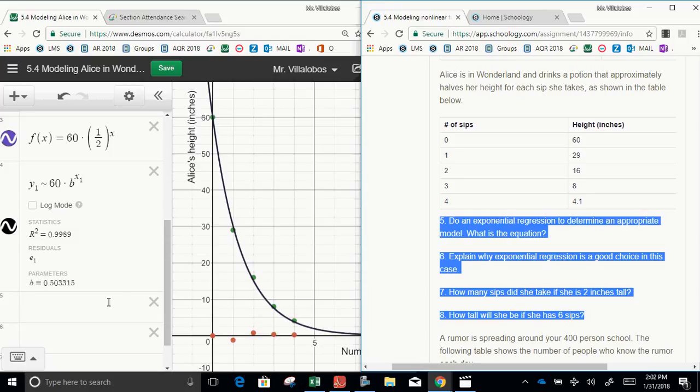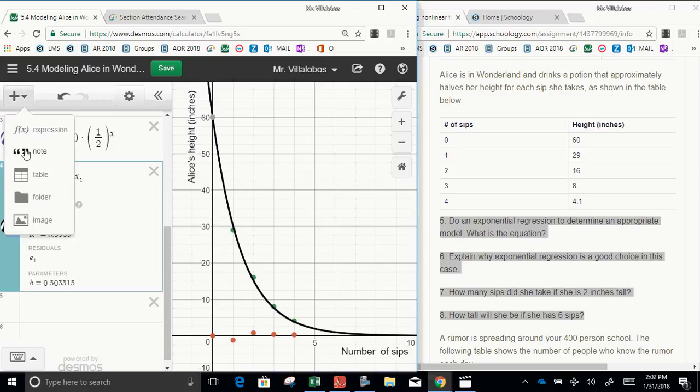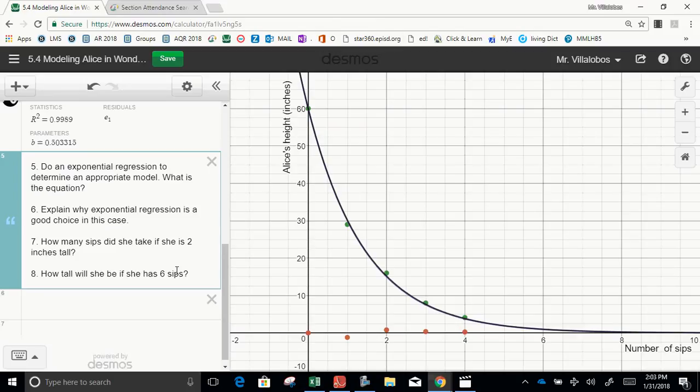Okay. Oh, I forgot to add a note. So before you can do that, you must add a note. Okay. And there are the questions from section 5, 6, 7, and 8 under Alice in Wonderland. So there it is. Now we have to actually answer these questions.